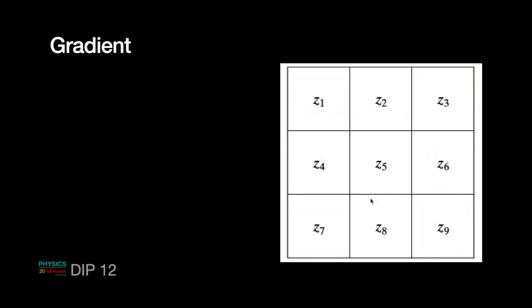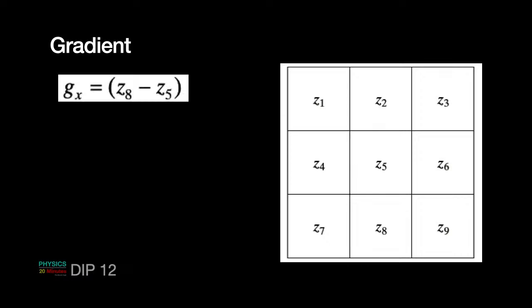So if this is my image pixel values, remember this is not a mask. If these are my pixel values, Z1, Z2, Z3, Z4, Z5, Z6, I'm reminding you again, this is not a mask. These are the actual pixel values of the image. Then I can calculate Gx, say at the center point. Remember the vertical axis was our x-axis. So I can subtract f of x plus 1 minus f of x upon 1.